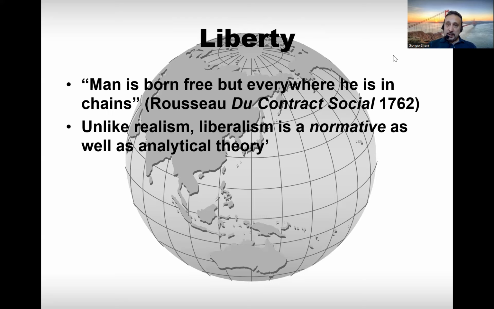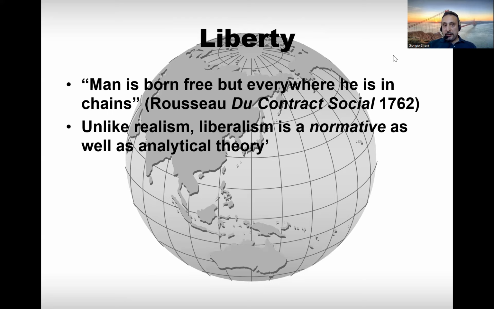And liberalism, unlike realism, can be seen as a normative theory. It is not just a theory of international relations, but as previously mentioned, it is a political theory and also an economic theory. And arguably, it is the theory of modernity. It is the most important theory which has shaped the world in which we live. This is one argument which is made, particularly within the West.